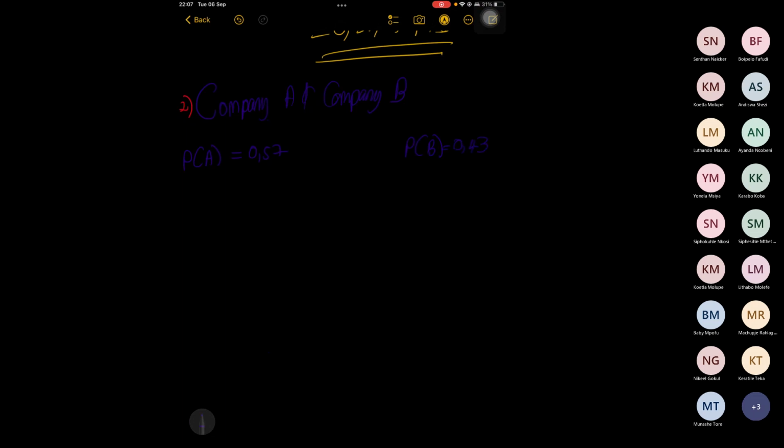Then experts have determined that 16% of the houses built by company A have defects. So the probability that there are defects, given that the houses were built by company A, is 0.16.